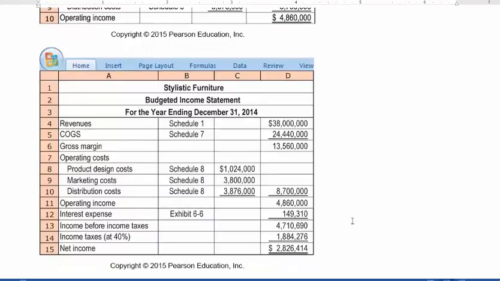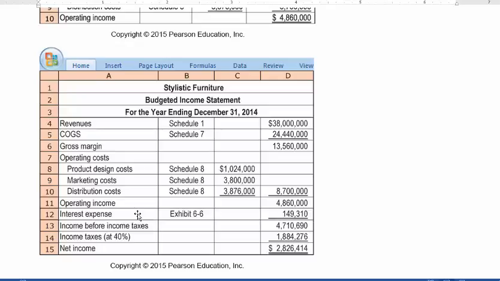We can take it even further and do the full-blown deal, plugging in our interest expenses and our income taxes. Again, this interest expense line item, we may have to come back to our income statement to plug this number in, because I mentioned earlier that when we put that cash budget together, we will be planning in advance to see if we need to obtain any financing during the period.